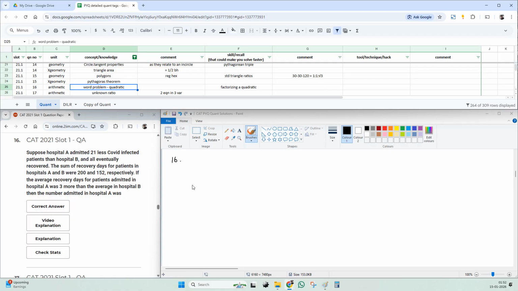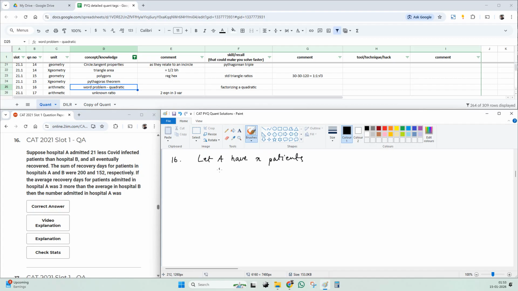Now, we know that A admitted 21 fewer patients than B. Total number of recovery days is 200 and 152. The difference in the average is given. So if A had X patients, then B would have X plus 21.